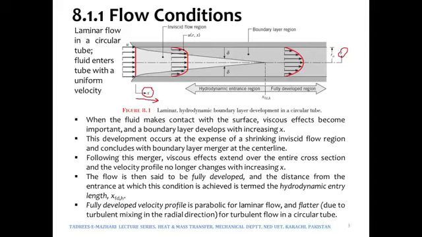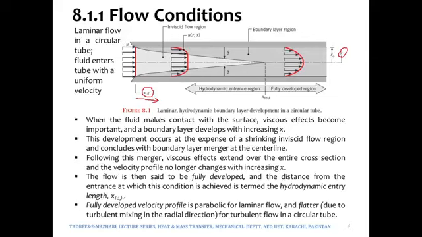Now in here it says that for laminar flow in a circular tube, fluid enters the tube with a uniform velocity. So this is where the tube starts, and the fluid enters the tube with a velocity of u.